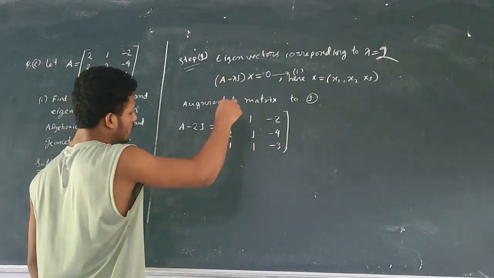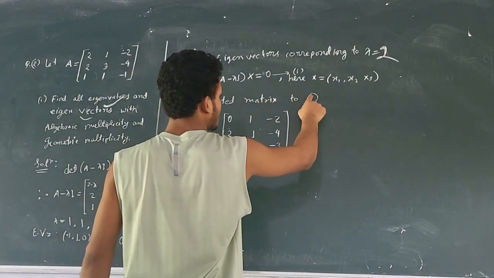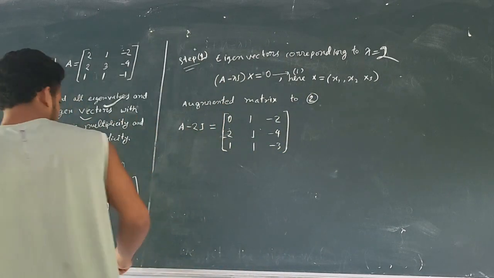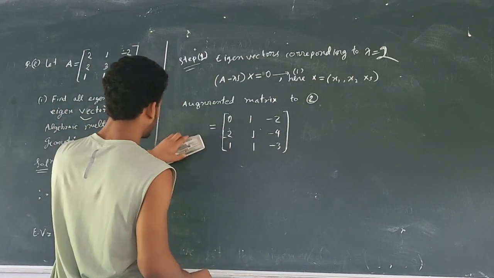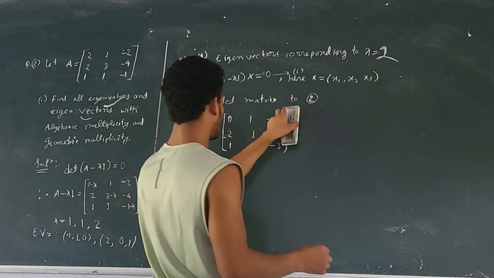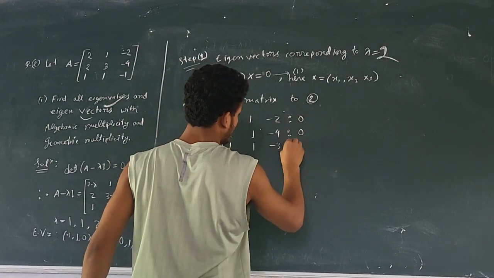Now we also obtain the augmented matrix. So the augmented matrix corresponding to 2 is A minus 2I with the column of 0.